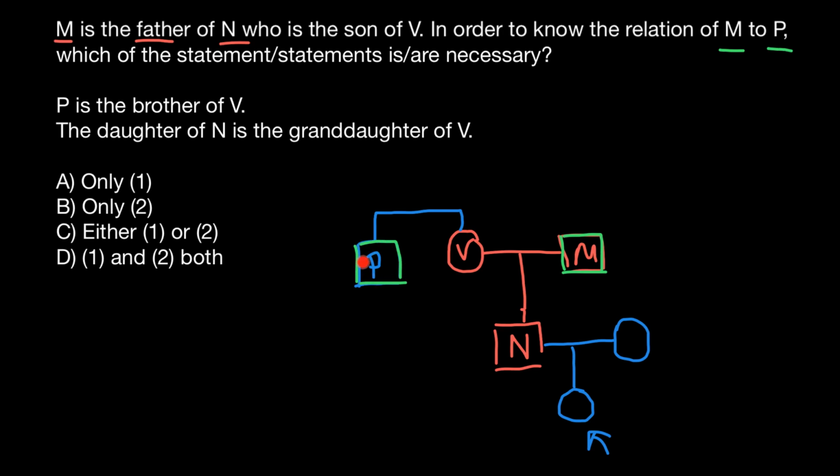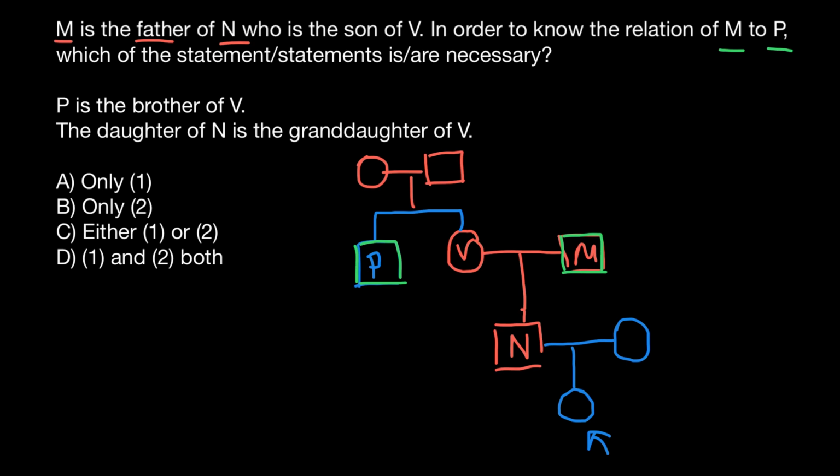And we also can say P is a brother-in-law of M. We also can add here parents of P and V. So we would have a full pedigree.